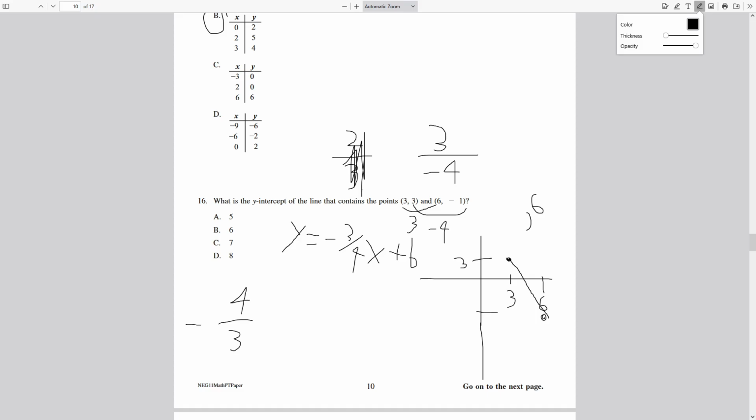Rise over run. So we're going to run negative 3 and then rise 4, positive 4. The answer is C, 7.